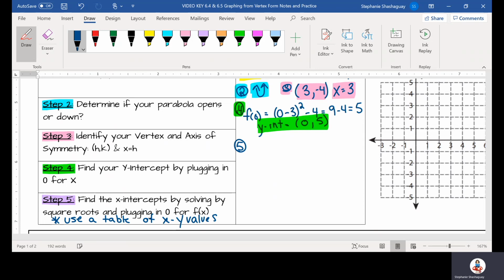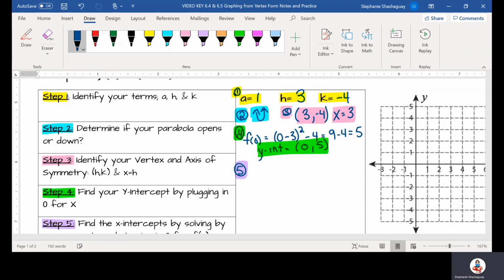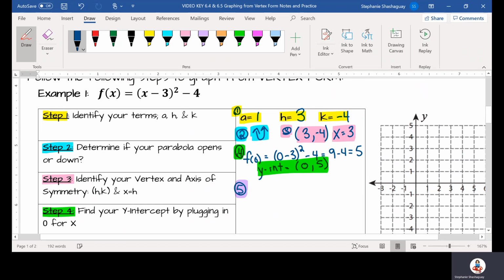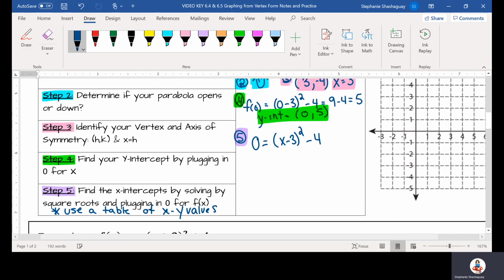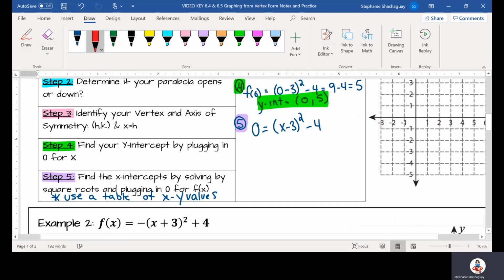So step 5, we're going to take this function, f of x, and we're going to write that now with a 0. So 0 equals x minus 3 squared minus 4. And now we're going to solve this function.